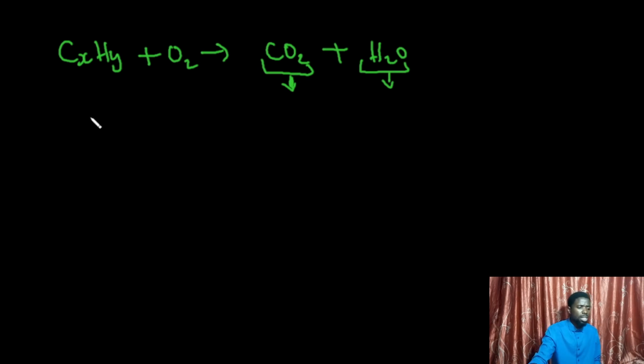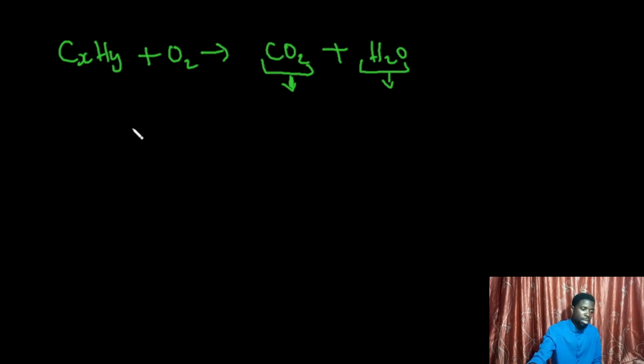Now we are asked to find the empirical formula, but to find the empirical formula we need the mass composition or percentage composition. So let's get to find the mass composition. To find the total mass of an element inside a compound is quite simple.